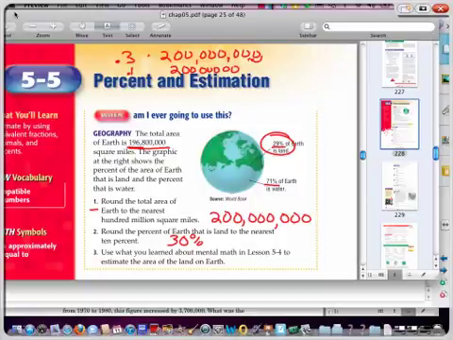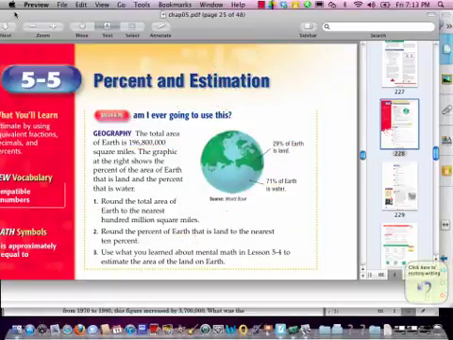We're going to get that number, 20 million. But we know that it's got to be 3 times that. So 20 million times 3 gets me 60 million square miles. So we've got about 60 million square miles that we get to live on the earth. Not too bad. All right, let's move on.